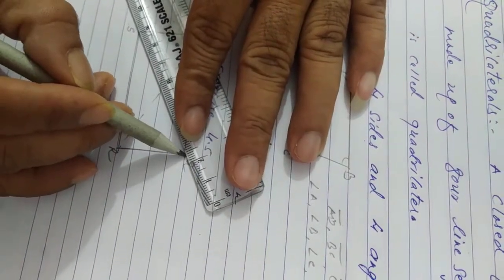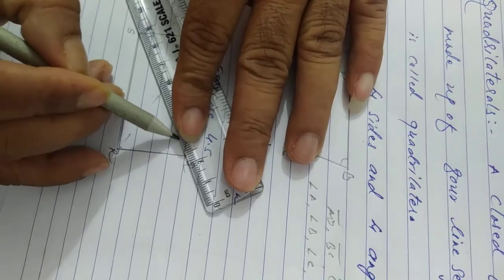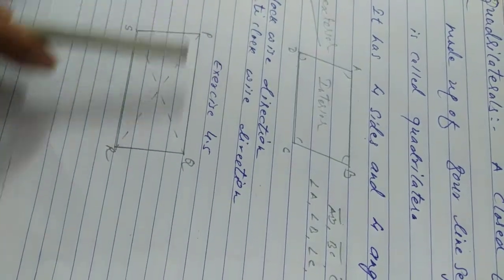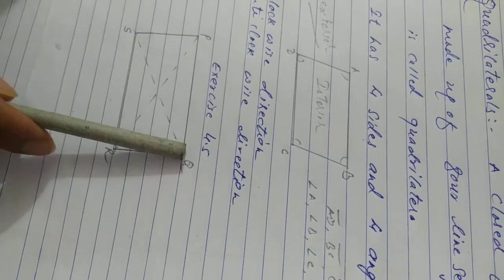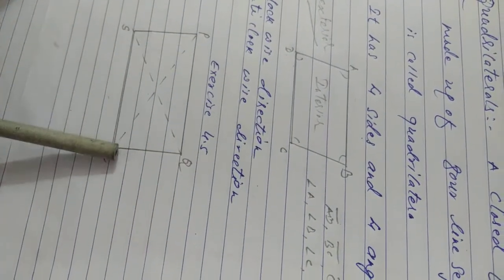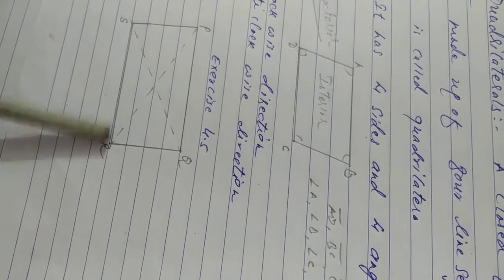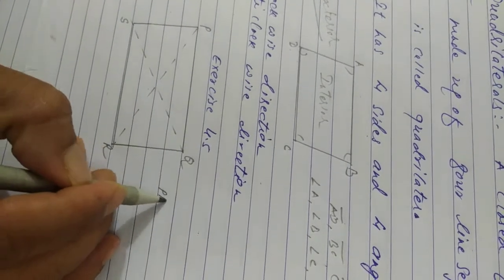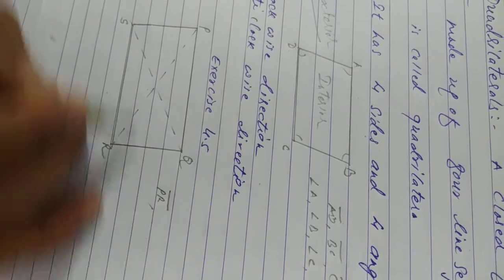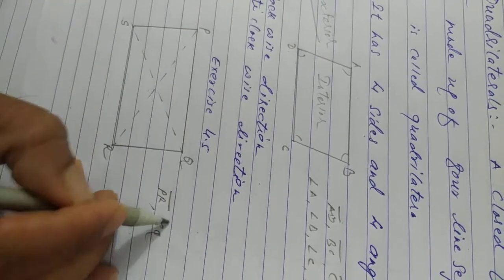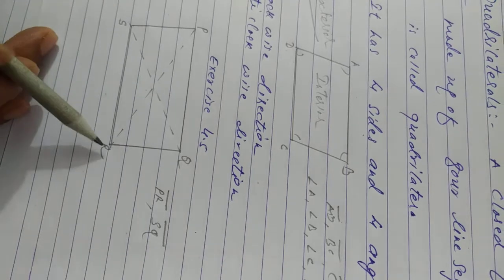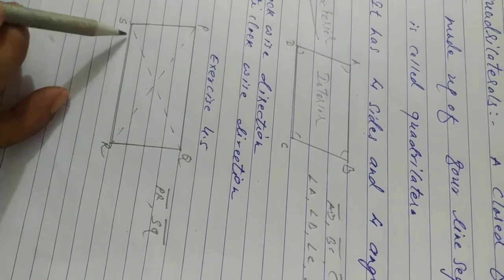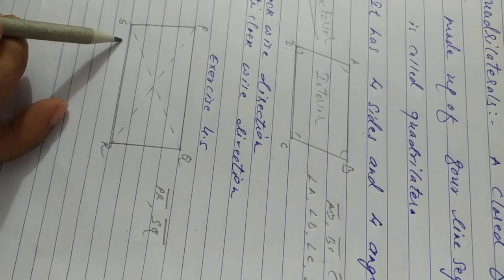Non-consecutive means what? Not continuous, right? Suppose P, Q are consecutive points, while P and R are known as what? Non-consecutive, because they are not continuous, right? So here which are the two diagonals? Line segment PR and line segment SQ. We can write it both ways, PR or RP, and SQ or QS, right?